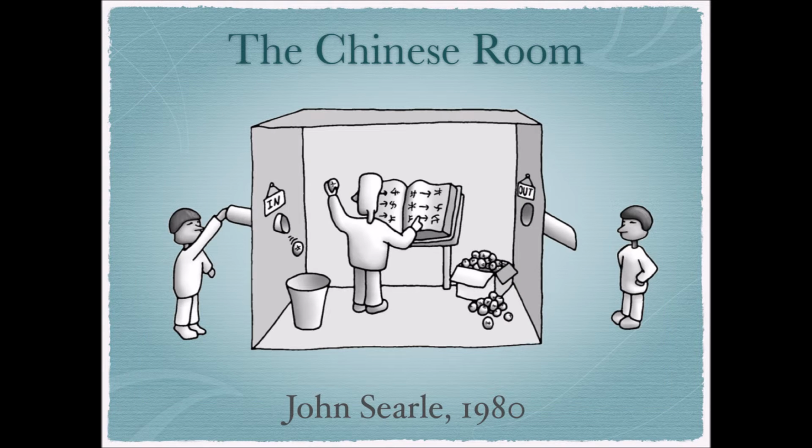In 1980, the philosopher John Searle reversed the Turing Test, offering philosophical proof that machines could not think. In his Chinese room analogy, a computer sitting in the middle of the room would receive information from one person, and, searching through all the information in the world written in Chinese, find the correct answer and spit it back out the other side, convincing the person on the other side that it was a human being.